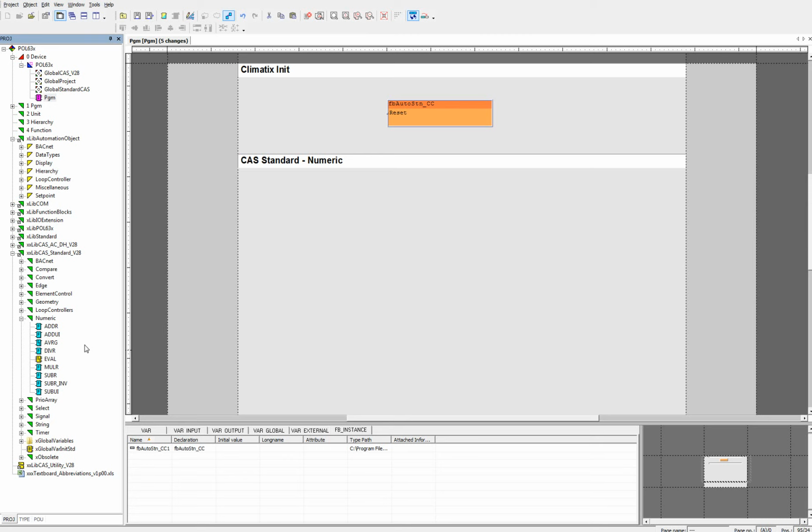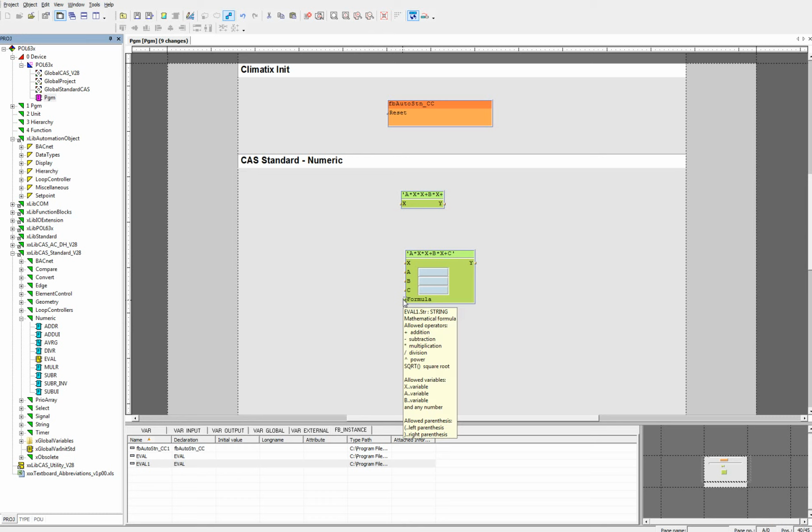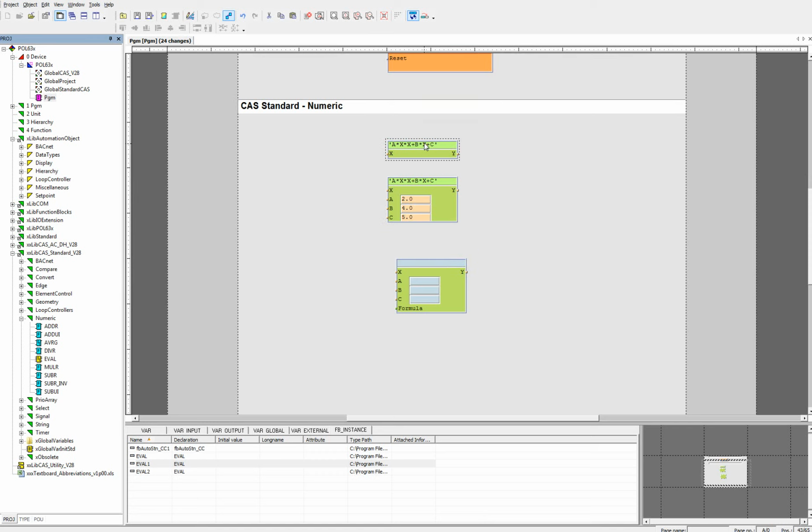The last block from the Numeric Sublibrary is the EVAL block. This block is possible to extend like that, and the main functionality is that you write the formula for a polynomial function in different formats, and you get the result on the output of type real. I will change the formula for the first one a little bit, which is x plus x, for example, because we have it on the input.